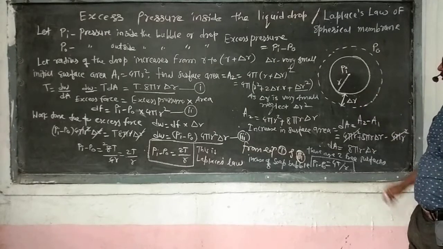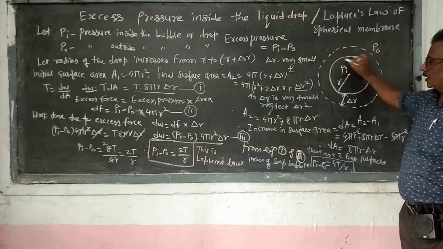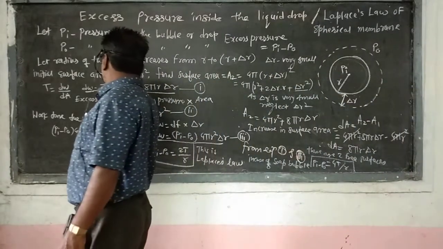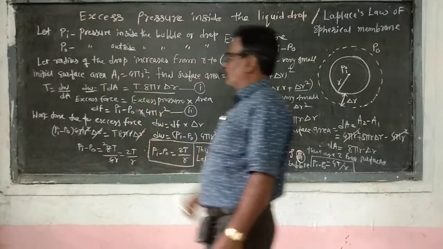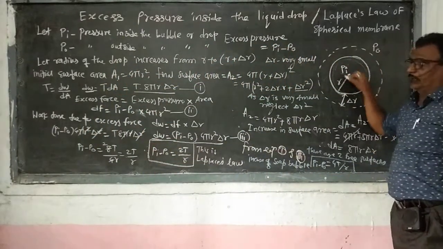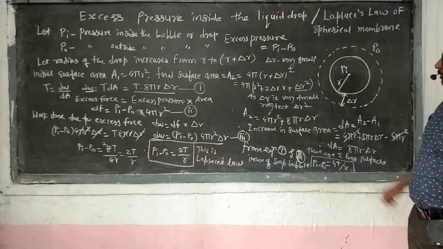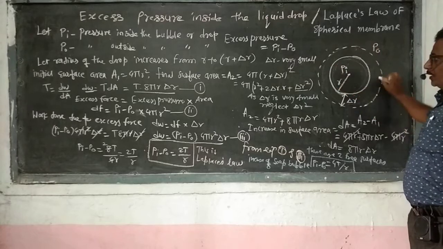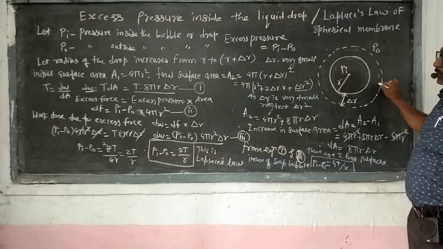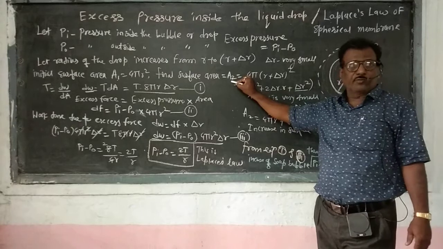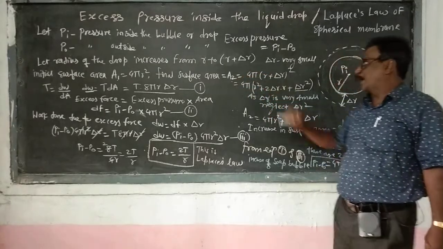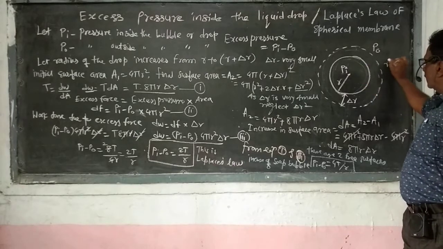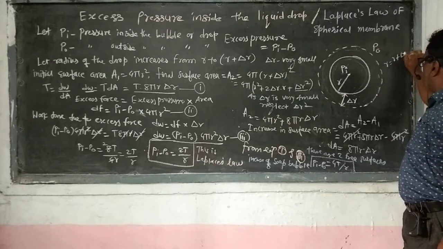So we have to find out the initial area of that drop. The initial surface area, represented by letter A1, is equal to 4 pi r square, since it is a sphere. Now we find out the final area. The final surface area A2 is equal to 4 pi, where r changes to r plus delta r.